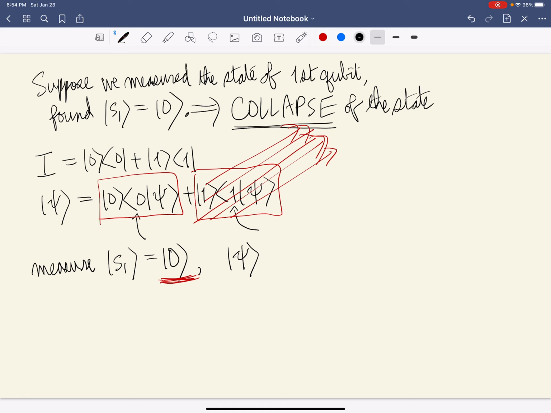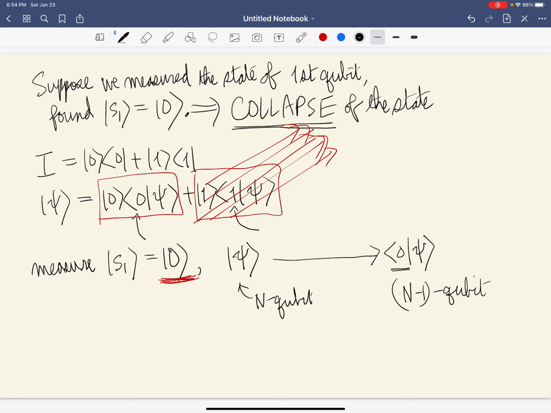So then this n qubit state undergoes what's called the collapse to an n minus 1 qubit state, where this n minus 1 qubit state is now given by this. Okay, but notice that this is only the overlap of the first qubit with the 0, so all the other states still remain intact, s_2, s_3, etc.